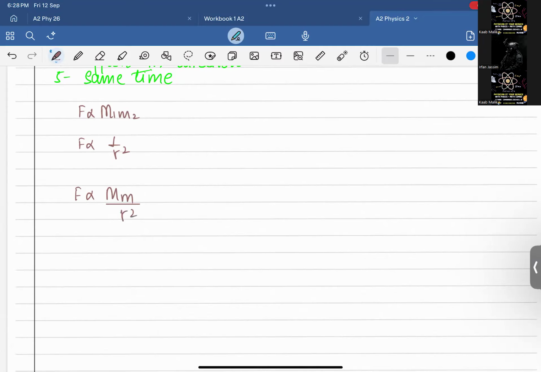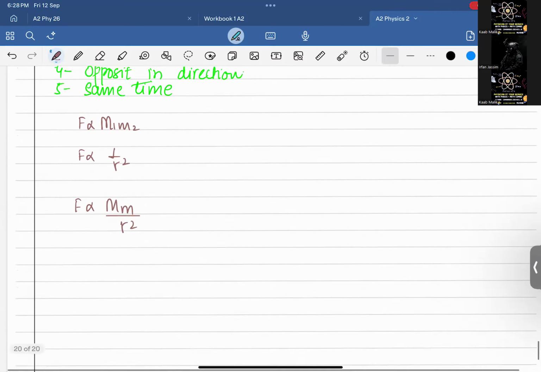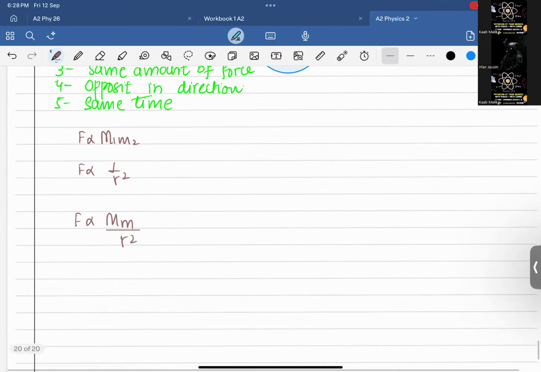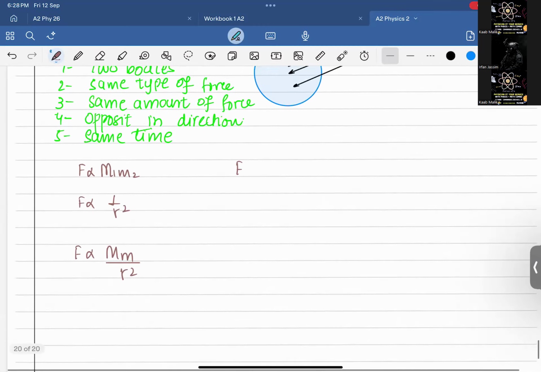And then to remove the proportionality, we can just say F is equal to G M m over r square.